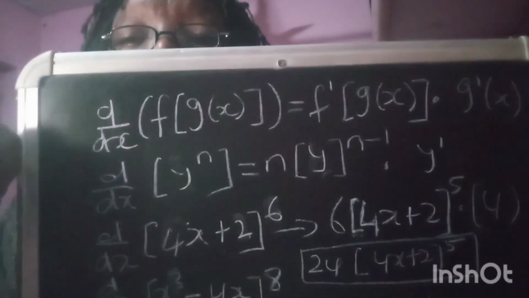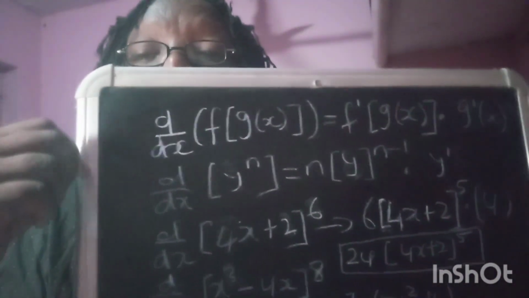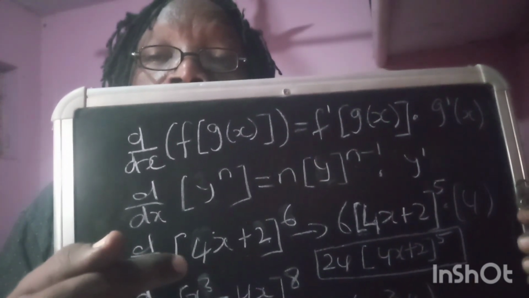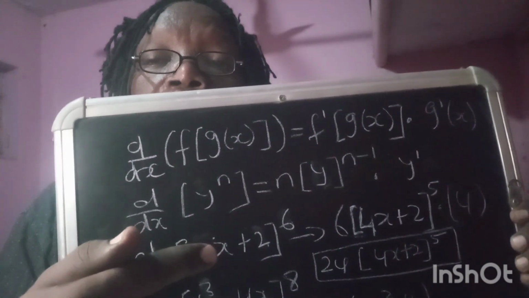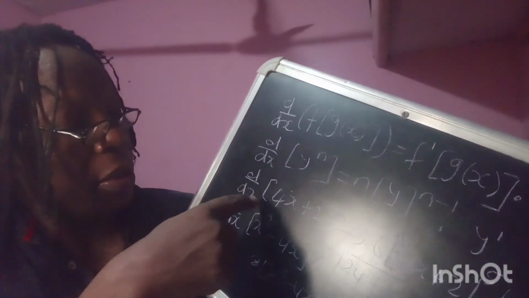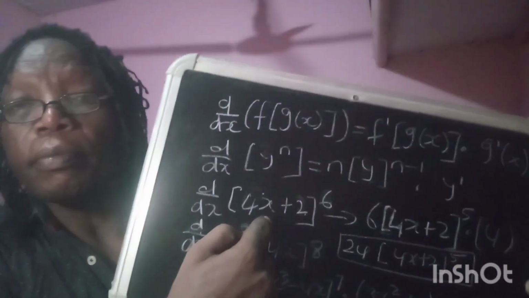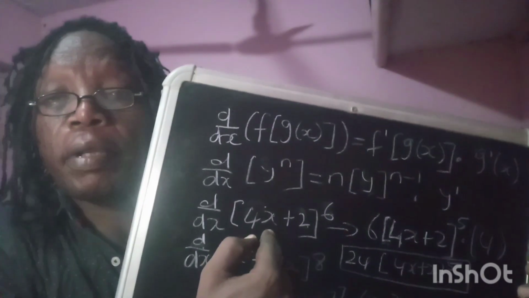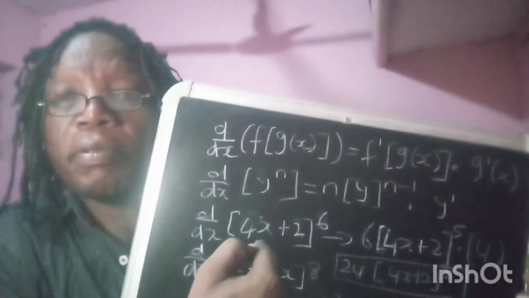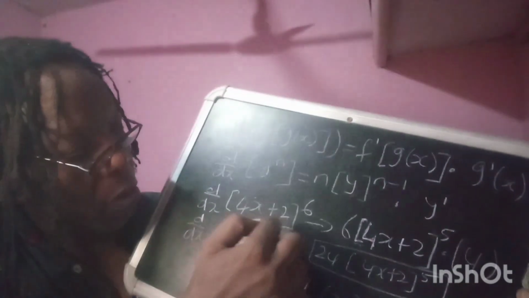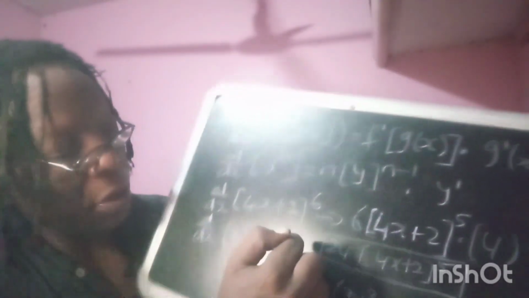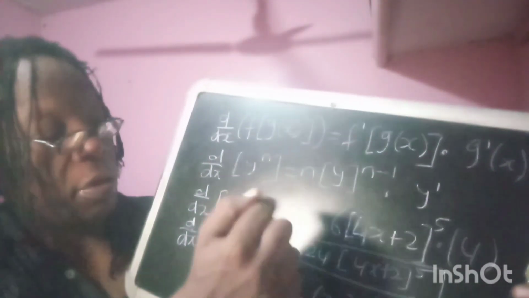Okay, so now the practical example we have taken down there is d over dx of 4x plus 2, all to the power 6. Let me check it out. It's 4x plus 2, not 5, this is 2. From here it looks like 5, actually it's 4x plus 2 to the 6. So 6 will come in front.